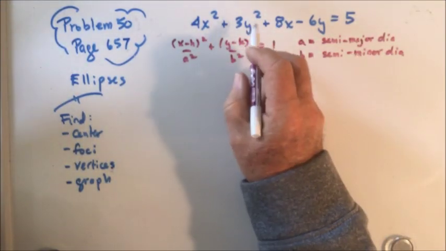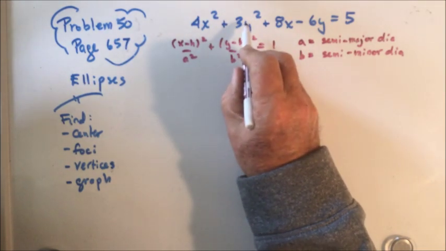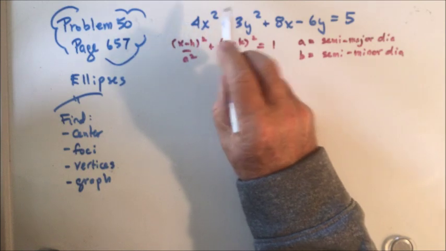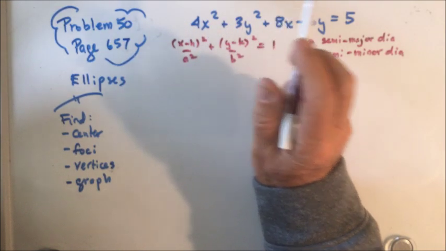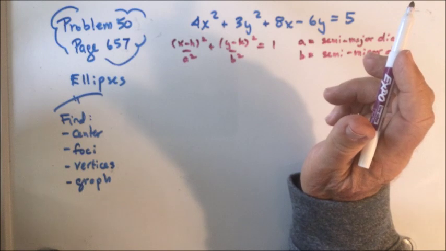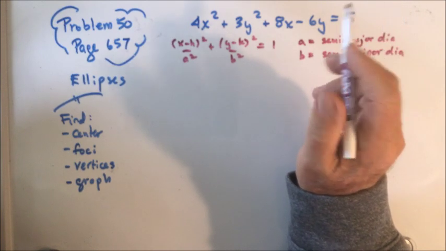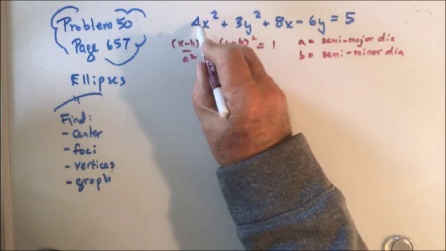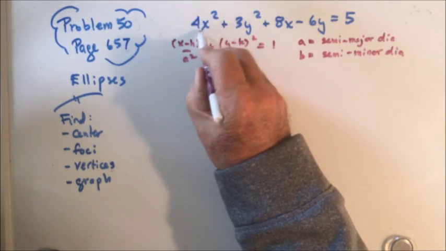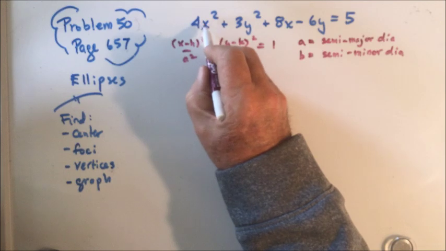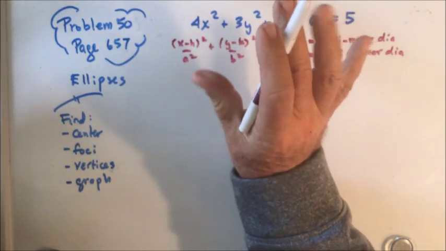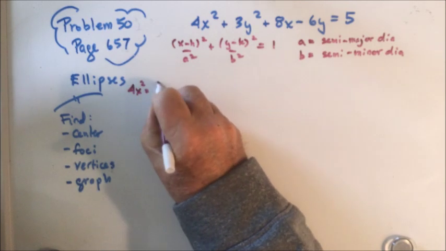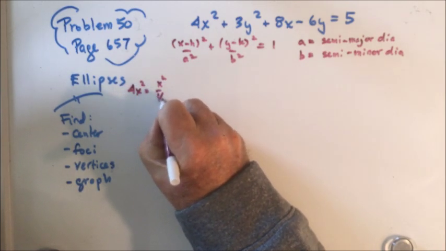But first, let me go back to what I just said. I can tell that this is going to be a football standing on its side, and I can tell by looking at these two coefficients, the one on the x and the one on the y. I could rewrite this: I know there's no fraction here, but if I consider 4x squared over 1, I've got a fraction, and I could rewrite 4x squared as x squared over 1/4.